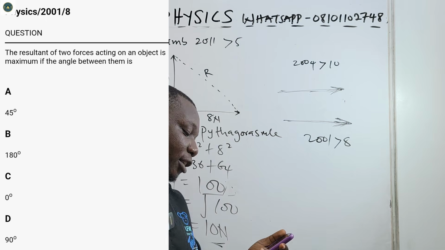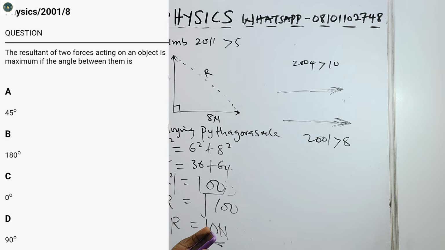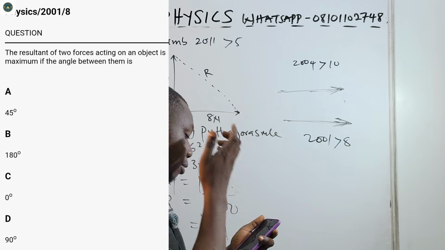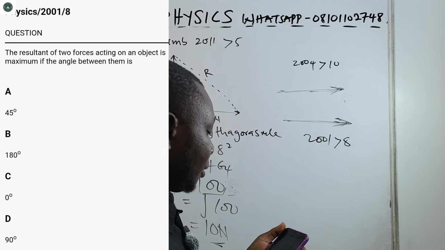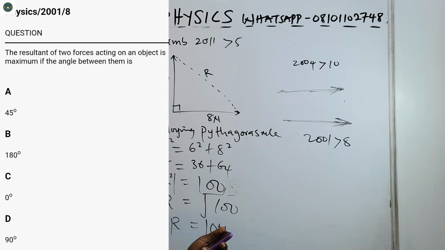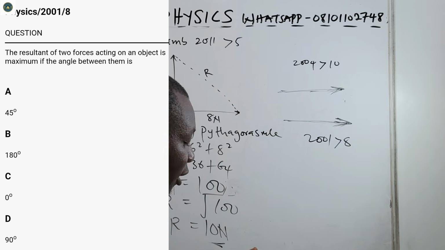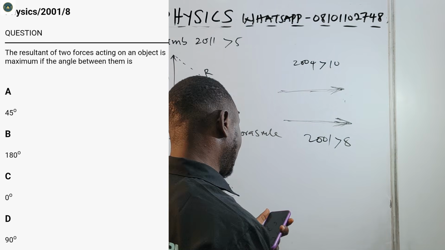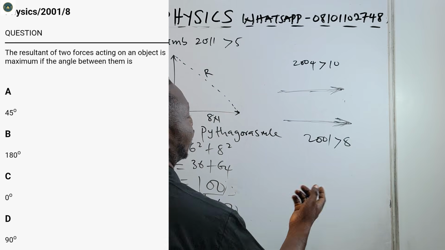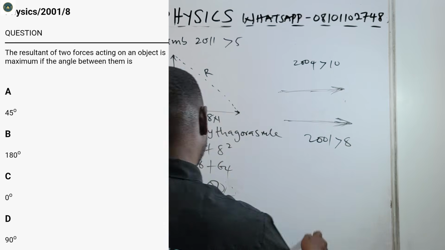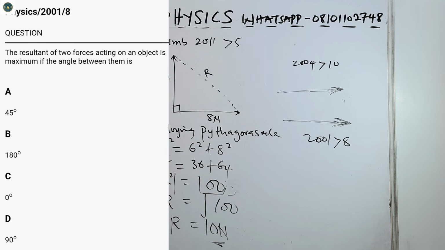Two forces acting on an object is said to be maximum if the angle is 0, and hence the forces are acting in the same direction. So the resultant is maximum if the angle between them is 0. So the option there is C.